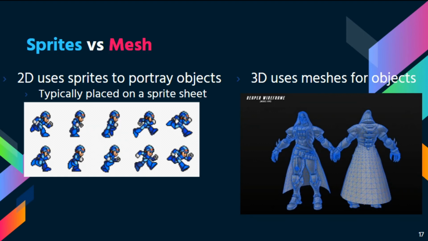However, in 3D, we use meshes for objects. So it's basically a 3D model made up of hundreds or thousands of polygons, and then you have to apply textures and other things to them. The thing with 3D models and meshes is that you're able to edit them with an animation rather than redrawing an entire thing, as we'll see in the next slide.